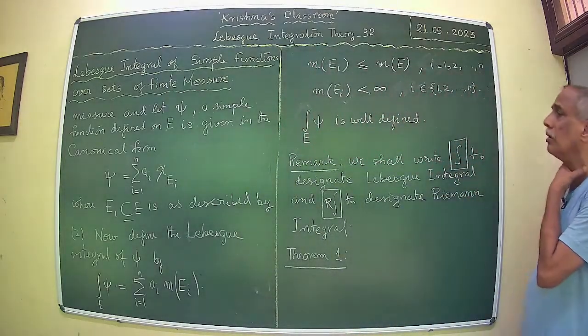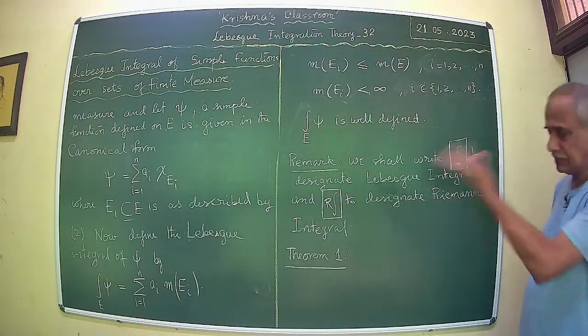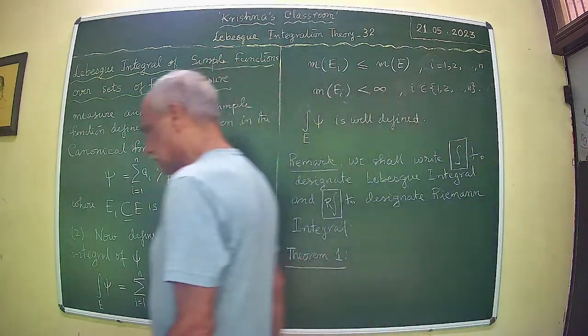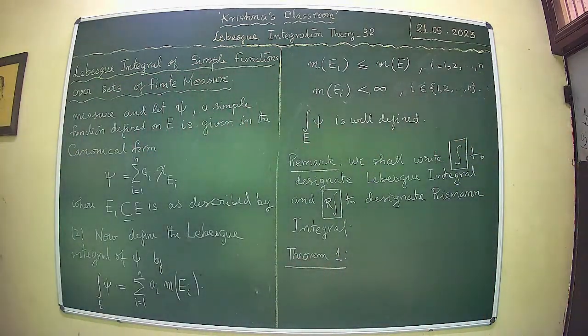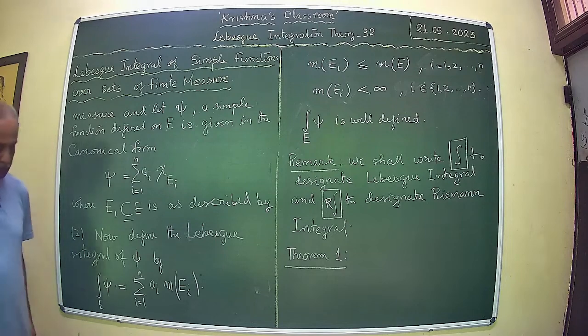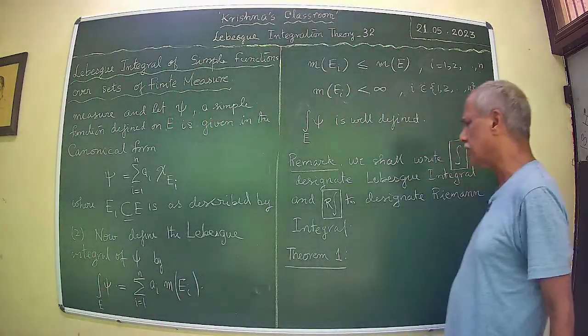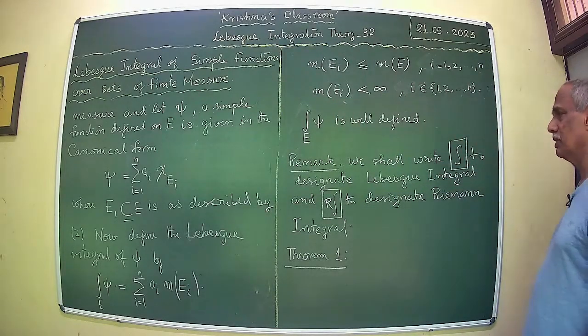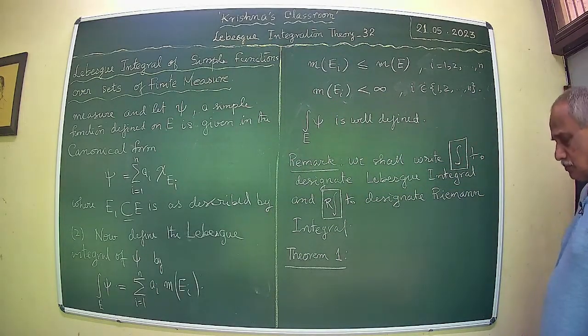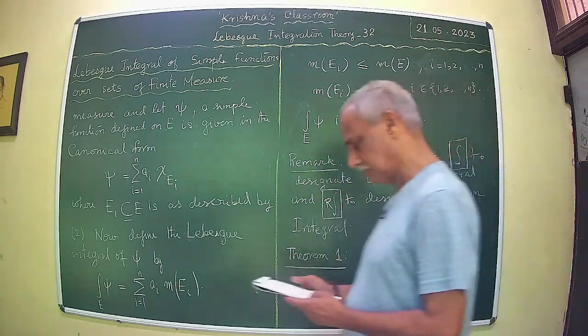Now we ask the following question. Suppose the a_i are not distinct. It's still a simple function. Okay. So for a more general class of simple functions, how do you find this integral? This is the question.